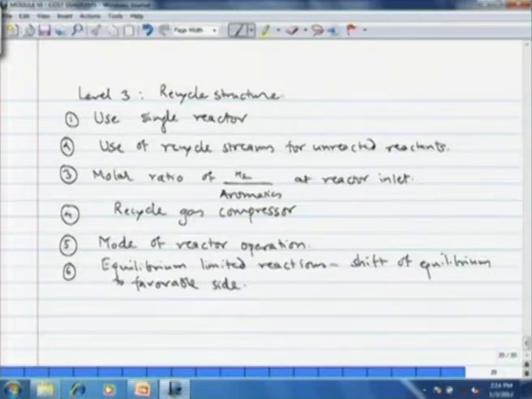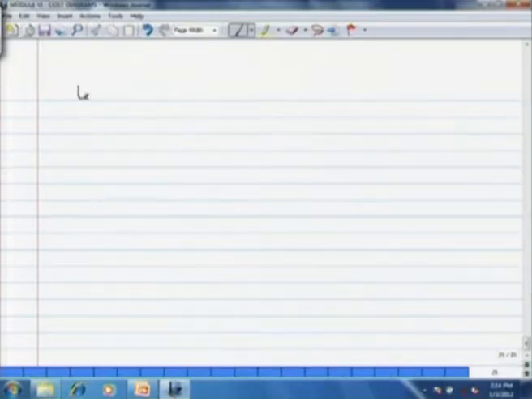Then level 4, that is the separation structure of the flow sheet. We divide this level 4 into two parts. First, A, that is the vapor recovery system.